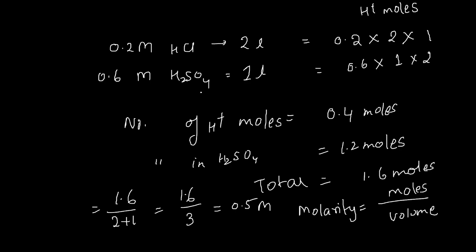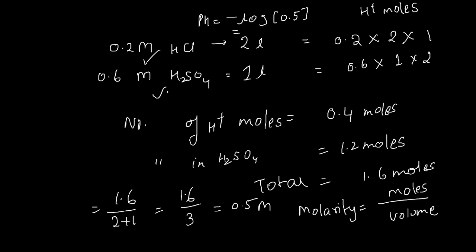Now you can calculate the pH. pH is going to be minus log 0.5. So this is going to be the pH of the solution if you are adding 0.2 moles of HCl and 0.6 moles of H2SO4 in the solution.